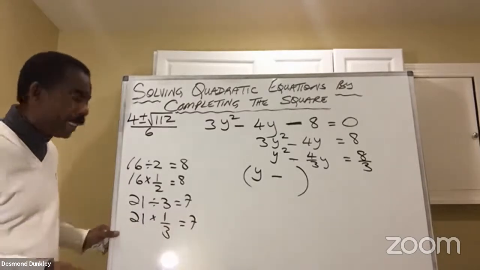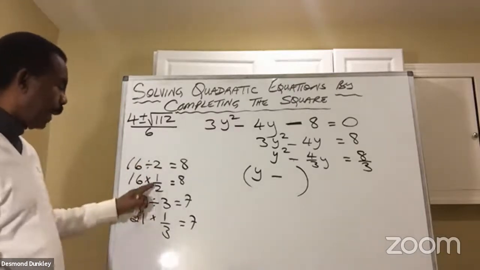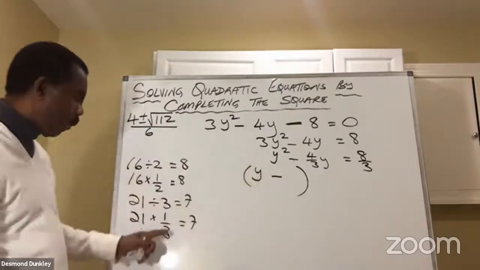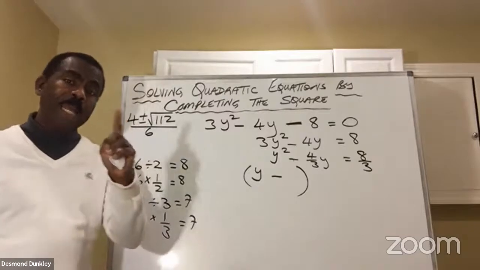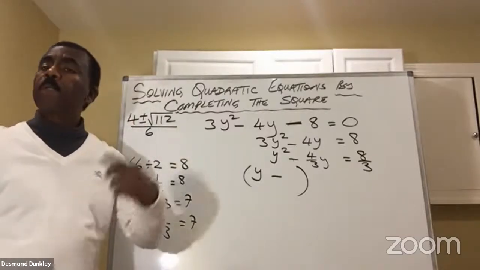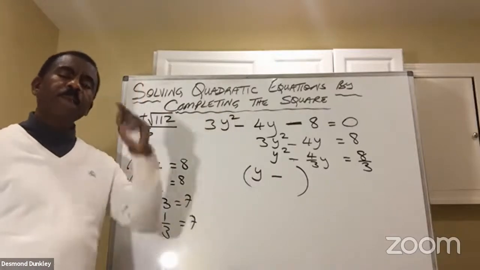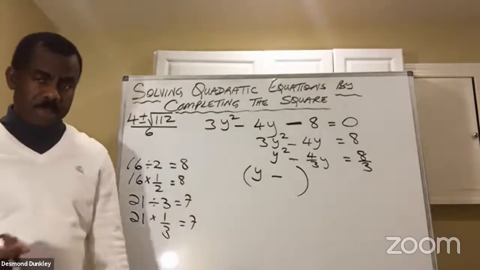What am I trying to tell you? To divide by 2 is the same as multiplying by a half. To divide by 3 is the same as multiplying by 1/3. To divide by 5 is the same as multiplying by 1/5. To divide by 4 is the same as multiplying by a quarter.